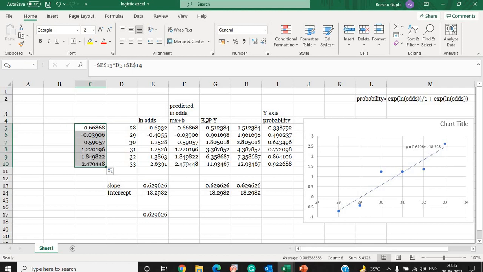Now you will calculate the exponential, because the probability is calculated by this formula, the exponential of the LN odds. So now you will calculate the exponential of this. How can you do that?